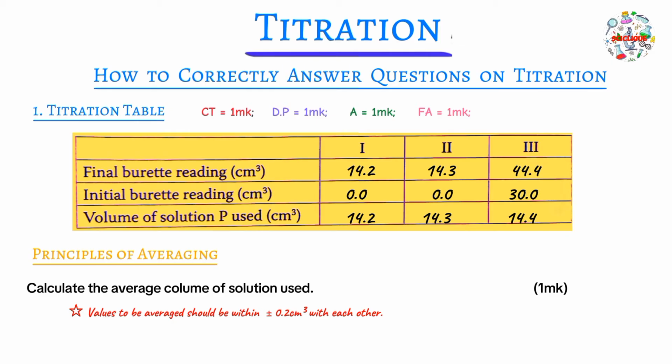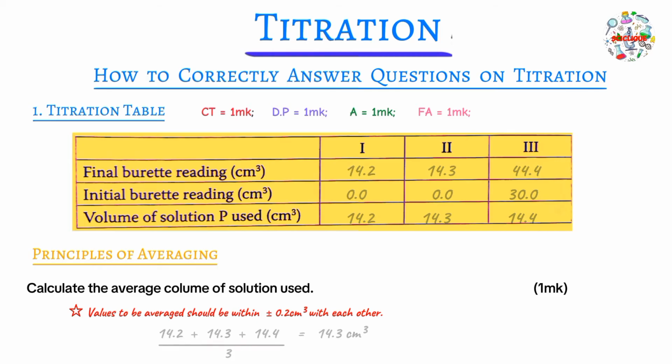Now if we look at these 3, all of them have a difference of 0.2 or even less. So we can use all of these 3 values because they fall within the range of plus or minus 0.2. So what you're going to do is take all 3, sum them up, divide by 3 to get our average volume used, which in this case is going to be 14.30 cubic centimeters.